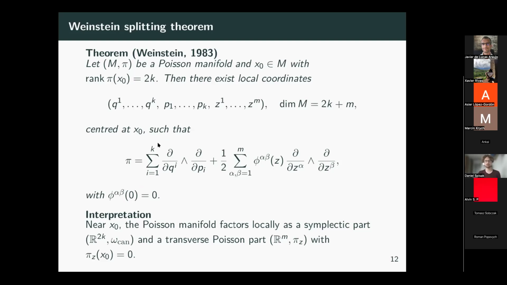You can see that this looks like a symplectic part, and this is something new: the transverse Poisson part. The interpretation is that near every point, the Poisson manifold factors locally as the symplectic part and the transverse Poisson part.